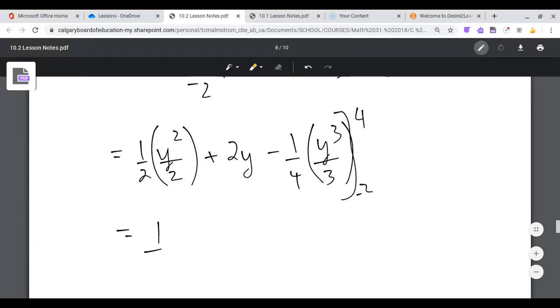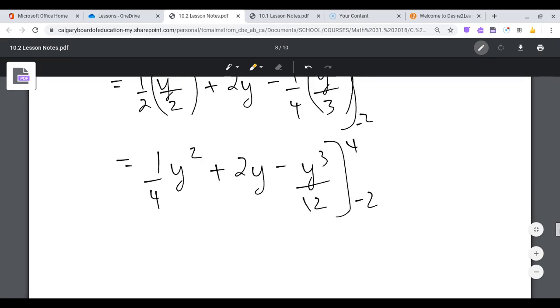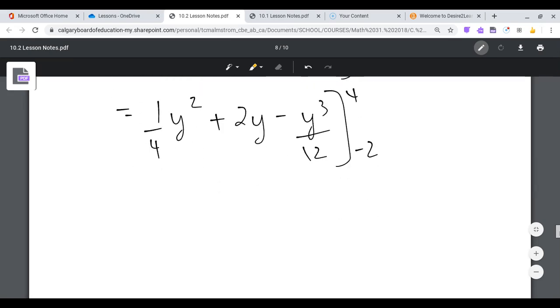We get 1/4 y squared plus 2y minus y cubed on 12, from -2 to 4. We plug in our numbers. I'm getting really close to the video ending. If you don't want to come back and look, this works out to be 9 units squared.